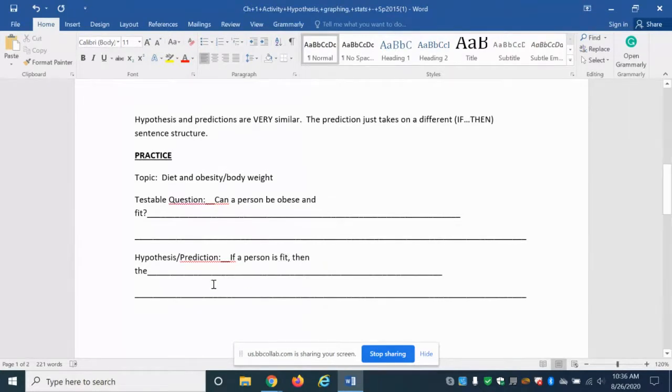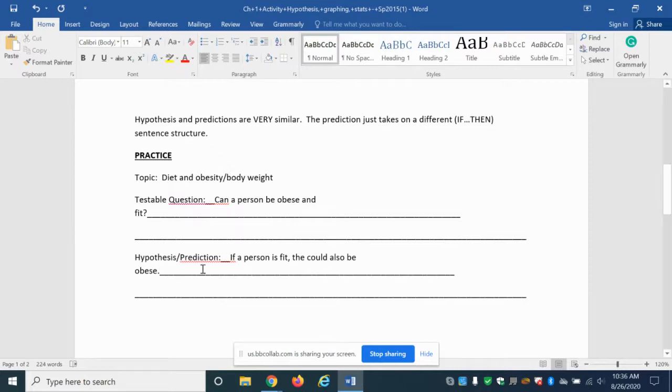If a person is fit, they could also be obese. So you're saying that if we have a person that is fit, then they could also be obese. So saying that that's a possibility. And so you are testing and collecting data about the relationship between the fitness of someone and also their weight.